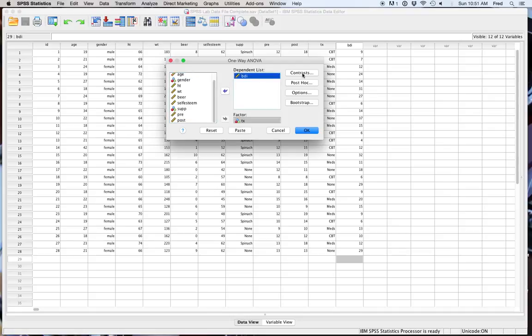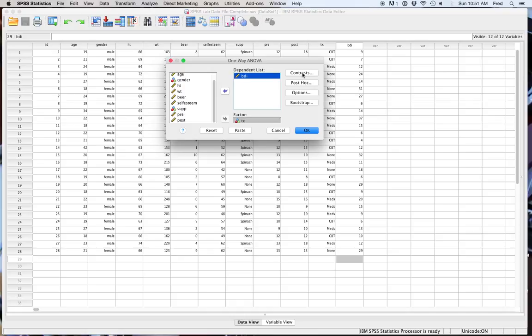Now, contrasts, we're going to skip, not worry about it. But if you remember, with analysis of variance, even if it's significant, all we know is that the groups, however many there are, 3 or 4 or 5 or 10, at least one of them came from a different population than the others.